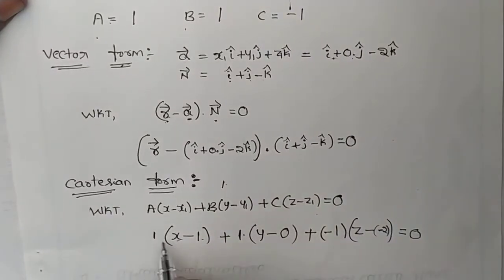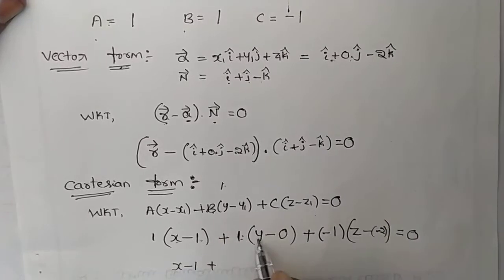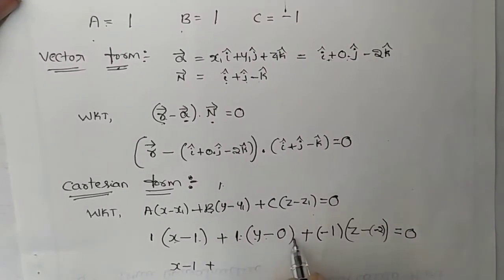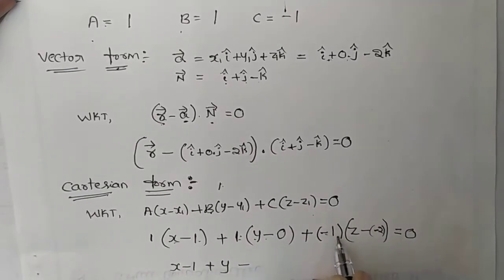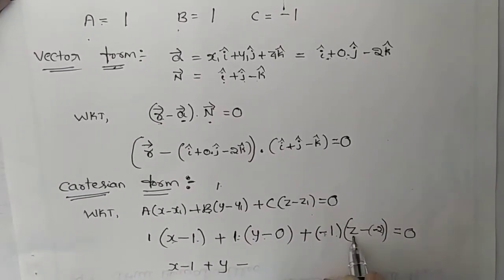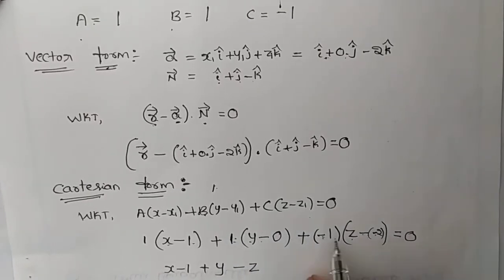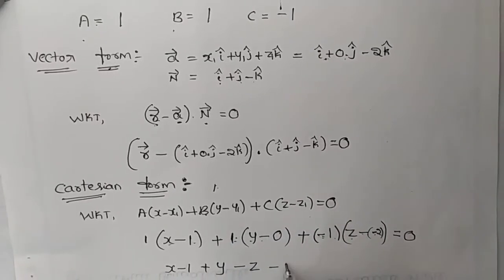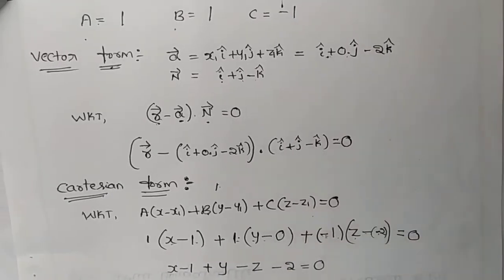x minus 1, 1 into x minus 1 is x minus 1, plus 1 into y minus 0. y minus 0 is y. 1 into y is y, minus, here minus 1 into z is minus z. Minus into minus is plus. Plus into again minus is minus 2, equals to 0.